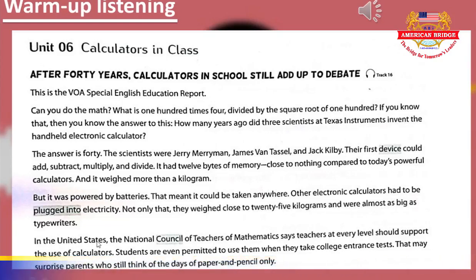In the United States, the National Council of Teachers of Mathematics says teachers at every level should support the use of calculators. Students are even permitted to use them when they take college entrance tests. That may surprise parents who still think of the days of paper and pencil only.